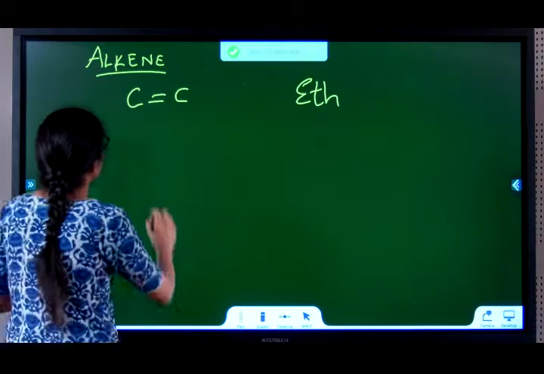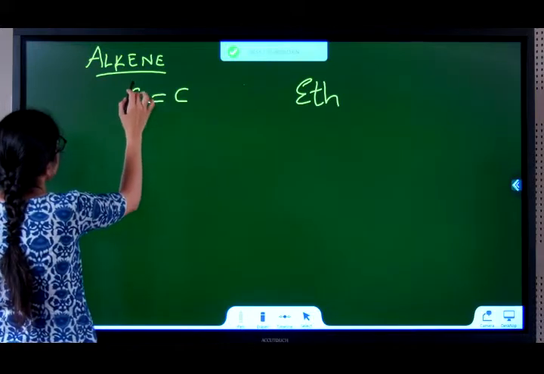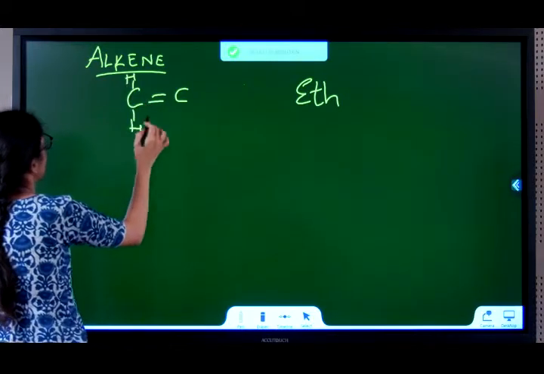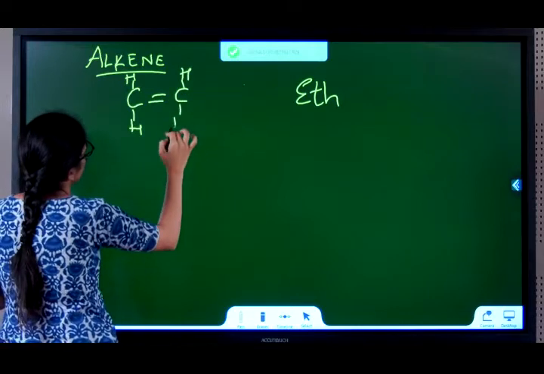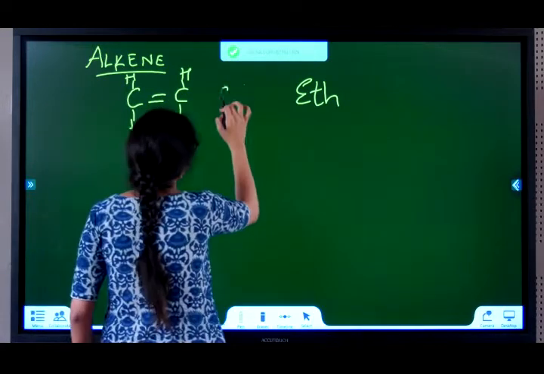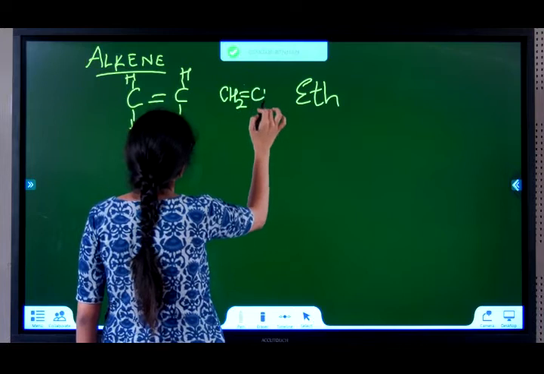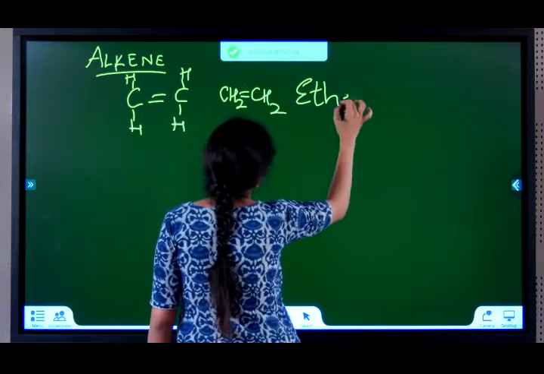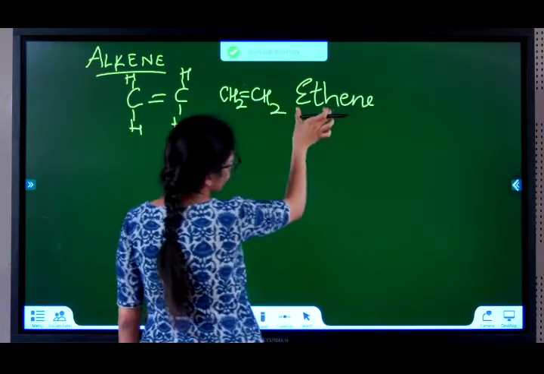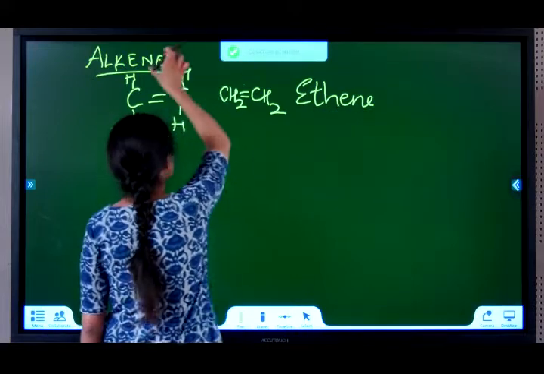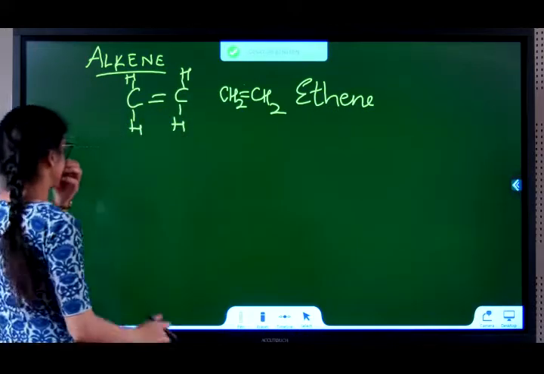Okay, so fill up the H's. How many H's does this need? 1 H, 2, 1 H, 1 H, 3, 4. So it becomes CH2=CH2, and the name goes eth, root word, ene, because it's alkene series.